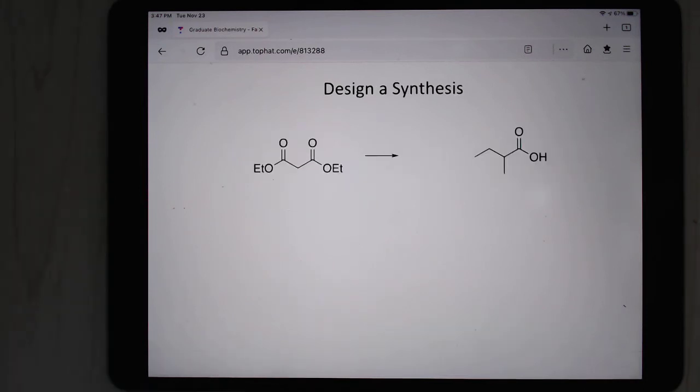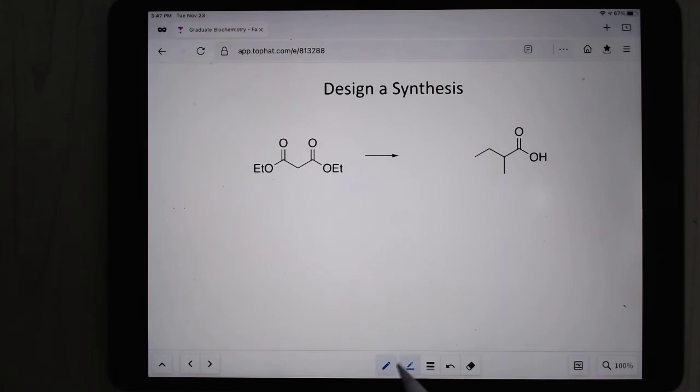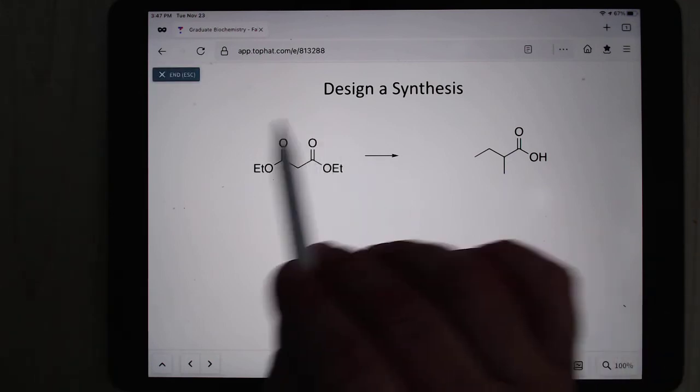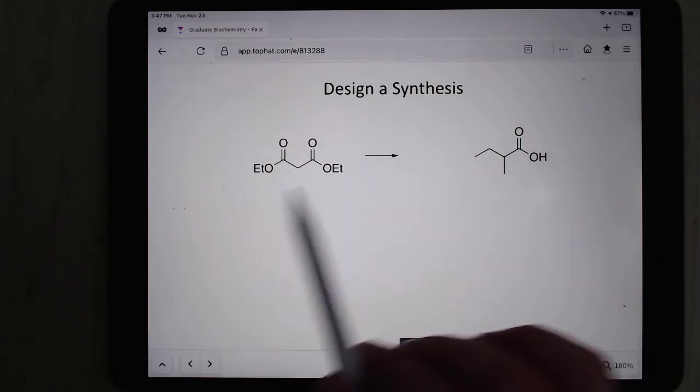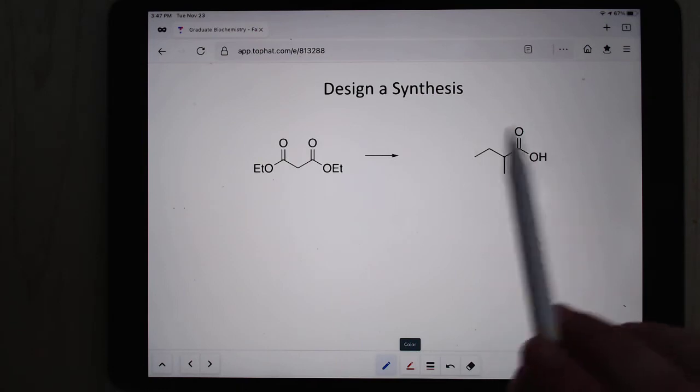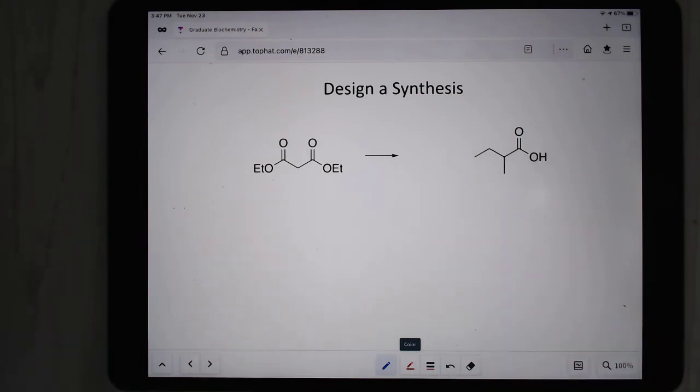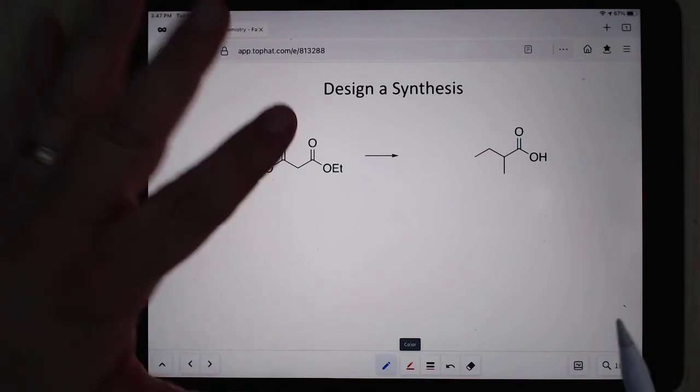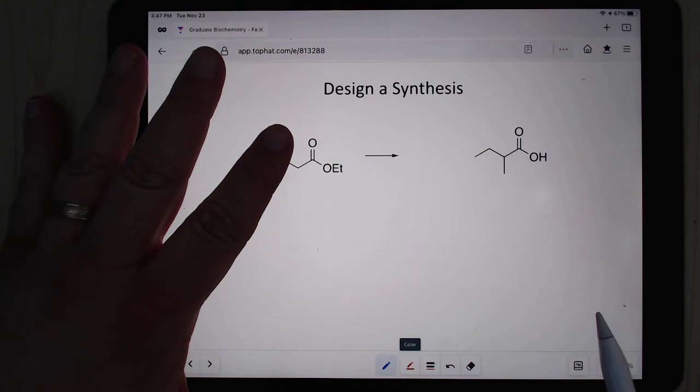So for design of synthesis, you need to be able to look at this molecule. It's going to be like this, where I tell you where you need to start and where you need to end. Remember, along this process, we're going to be losing one of the ester bonds for decarboxylation. So let's say we're going to lose that.